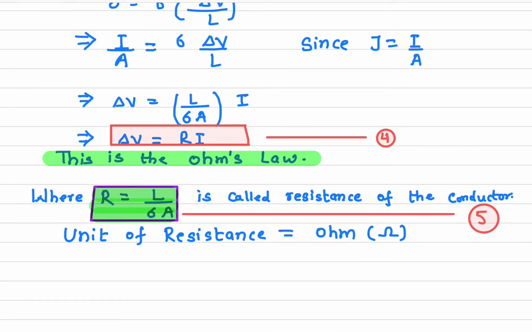So we have defined this physical quantity, the electrical resistance. This quantity in fact measures how strongly the material opposes the flow of charge carriers.